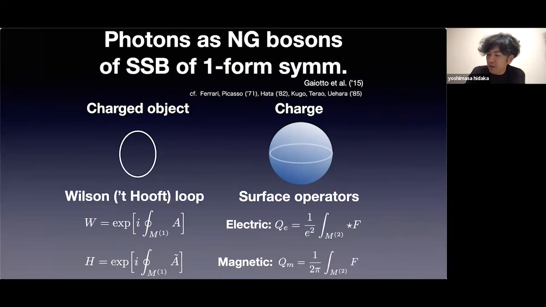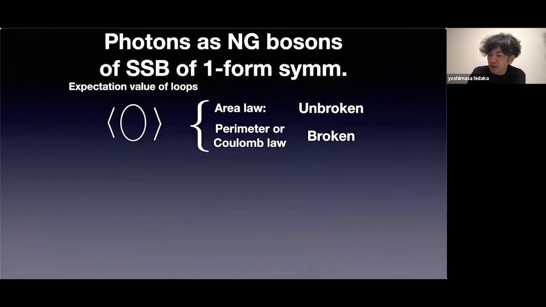Actually, in the U(1) gauge theory, if there is no matter field, so there are no electrons, then electric flux and magnetic flux are conserved. That conservation law is related to this kind of higher form symmetry. And the charged object is this one. In this system, the expectation value of the Wilson loop corresponds to the order parameter. If this is the area law, that corresponds to the unbroken phase.